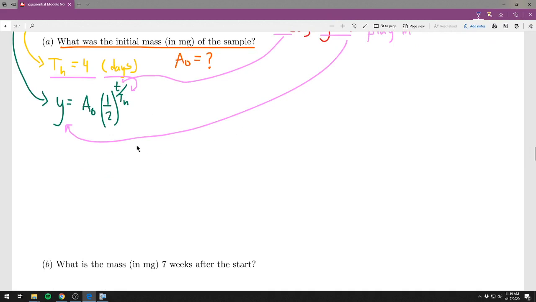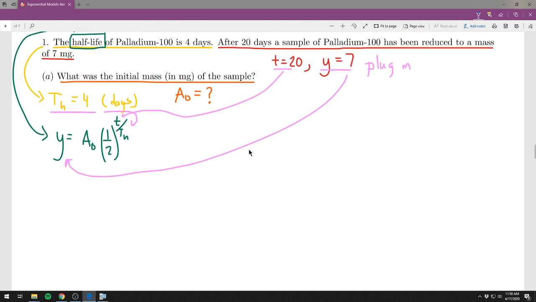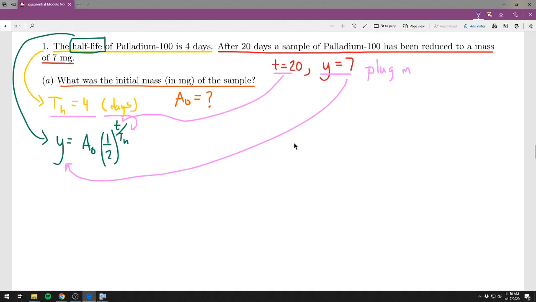All right, so we'll go ahead and plug this in to our formula. Y is, sorry, I scrolled off there. Y is 7. A0 is what we're searching for. We got 1/2. T, be careful, use the right T. T is the time, we are told, not the half-life, is 20 divided by the half-life, which is 4.